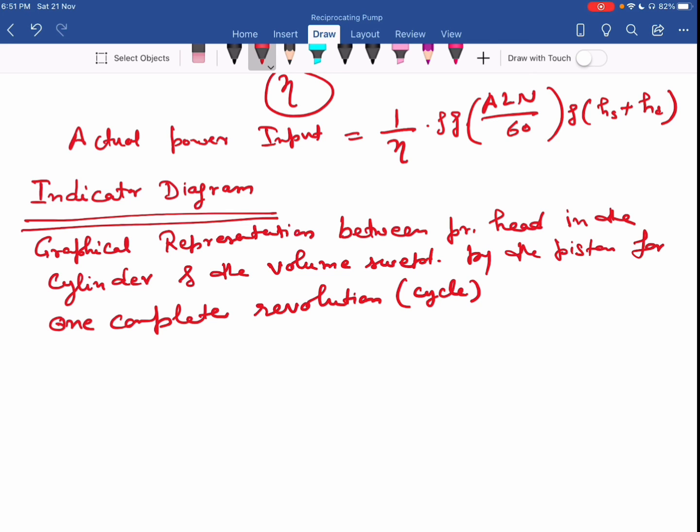So you can say the indicator diagram is the graphical representation between the pressure head in the cylinder and the volume swept by the piston for one complete revolution, or one complete cycle.